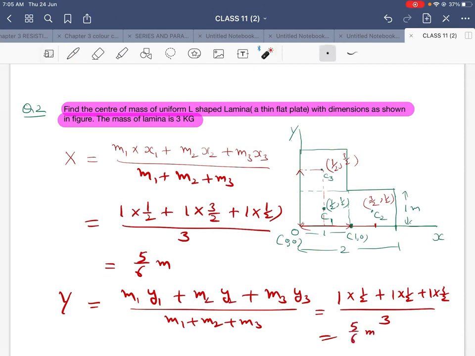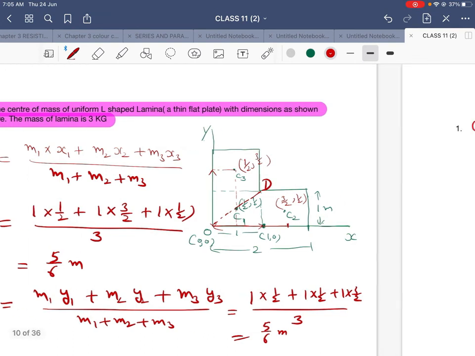Therefore, the center of mass of this L-shaped lamina lies on this line. This point is the center of mass D and it lies on this line. So in this way we can find the position of the center of mass of a uniformly distributed mass.